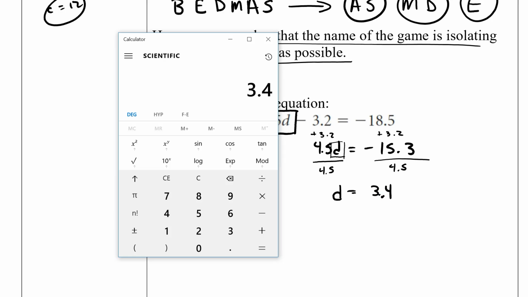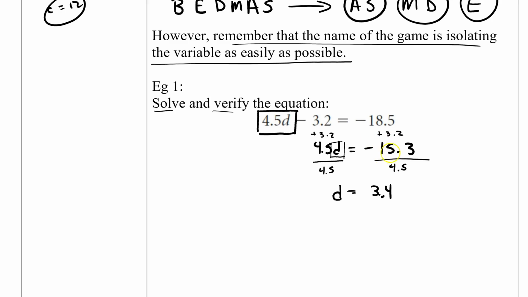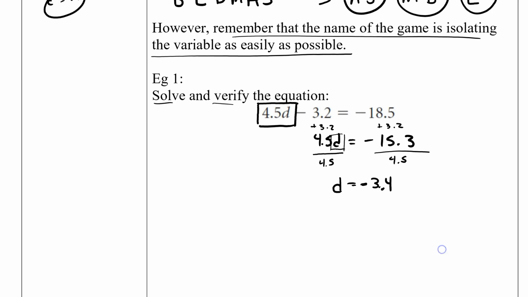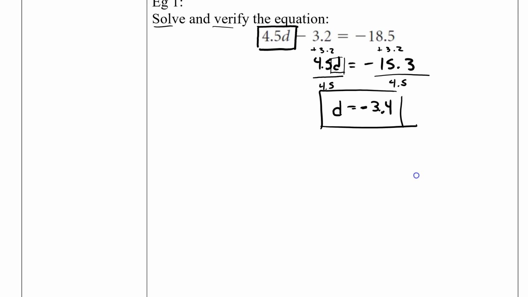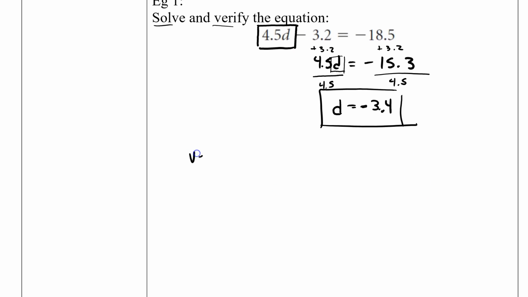You're noticing that I didn't put in the negative because I know that I'm dividing a negative number by a positive number, so my answer is going to be negative. So I don't need to put the negative in the calculator because I'm actually smarter than the calculator. And so are you. I'm going to put a box around my answer just so that it's easy for my teacher to find. Let's do the verification.